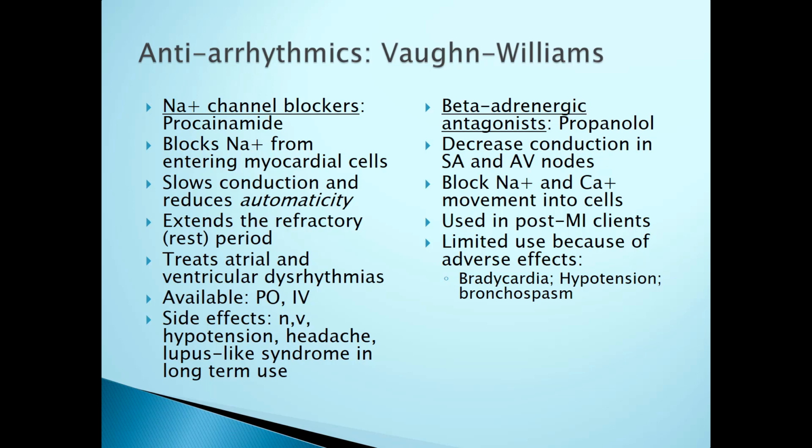And we'll talk very briefly about antiarrhythmics. Antiarrhythmics are given in response to arrhythmias, dysrhythmias, and these alterations in cardiac conduction can occur from a variety of conditions. Sometimes stress, sometimes unexplained.